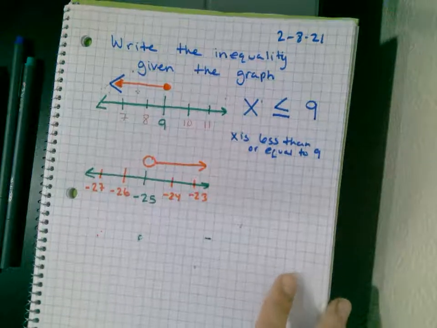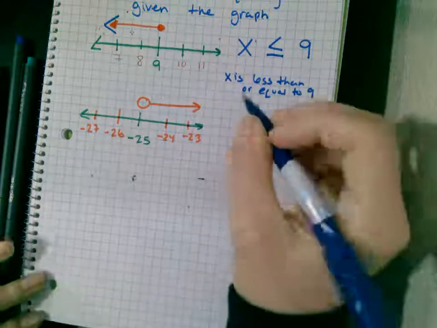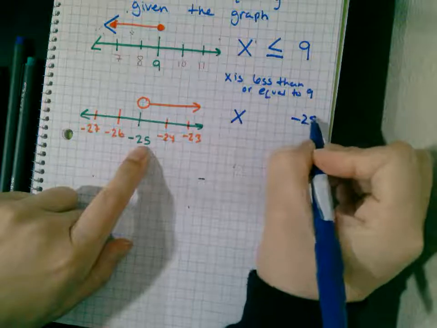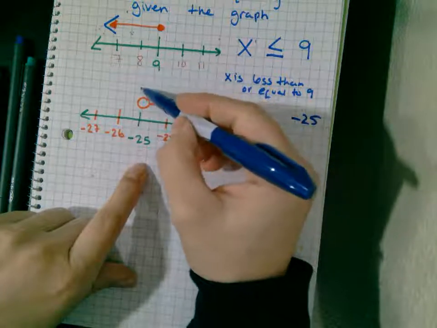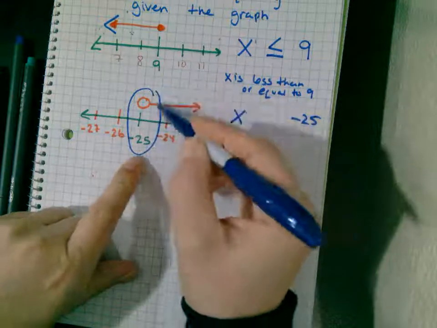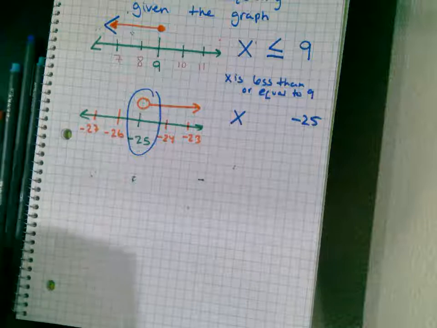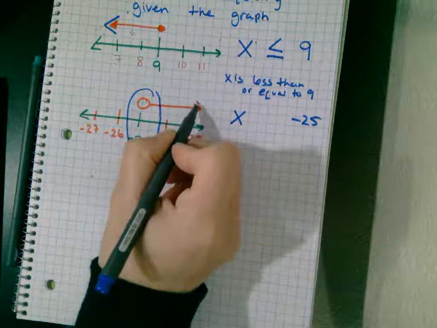Yep, very good. So start off with an X, and use the number. Don't use the number it starts with. Don't use this number. Use the number where the circle is. Now, for the inequality, you're just looking at where it's pointing.